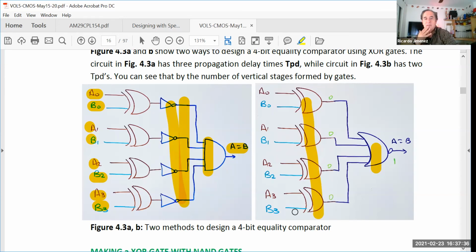Don't say, oh, I don't care about how many stages. No, you have to care. You have to be aware of that. And I'm giving you 10 nanoseconds because that's a standard propagation delay. Of course, there are other gates that have 5 nanoseconds, 4, 3, even less than 1 nanosecond. They are now working in picoseconds, 10 to the negative 12.